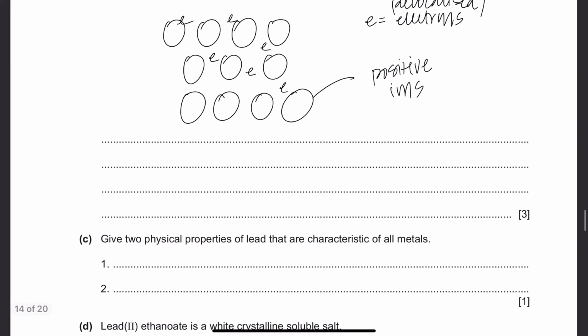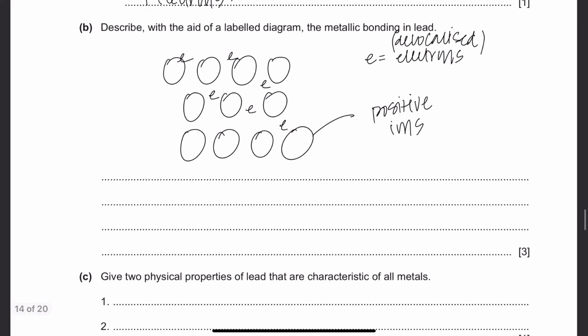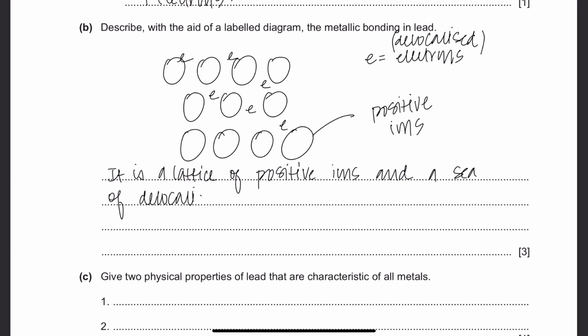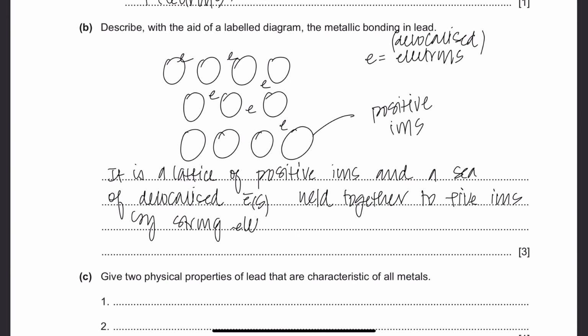Got it. Now moving on, it says how do we describe it? तो metals की metallic bonding की क्या description है? It is a lattice of positive ions and a sea of delocalized electrons held together to the positive ions by strong electrostatic forces of attraction.